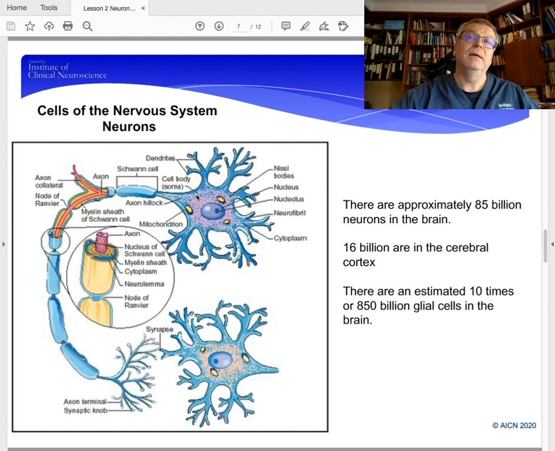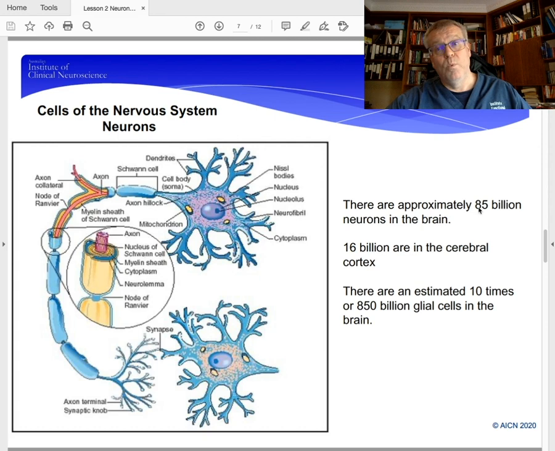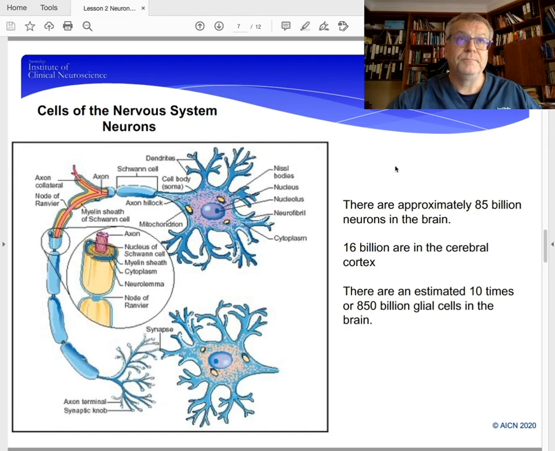And sometimes in the cerebellum it can be as much as 50,000 other neurons that they contact. So if we go back to the 85 billion, now we times that by about 10,000, we see there is a lot of contacts inside the brain. So that's the complexity that we're dealing with.